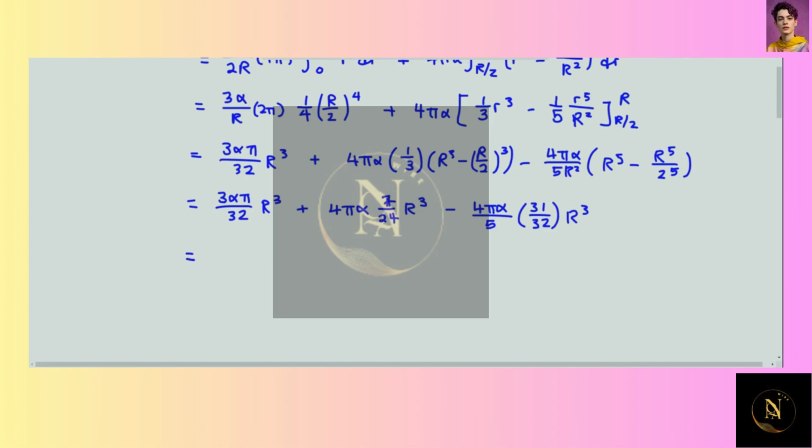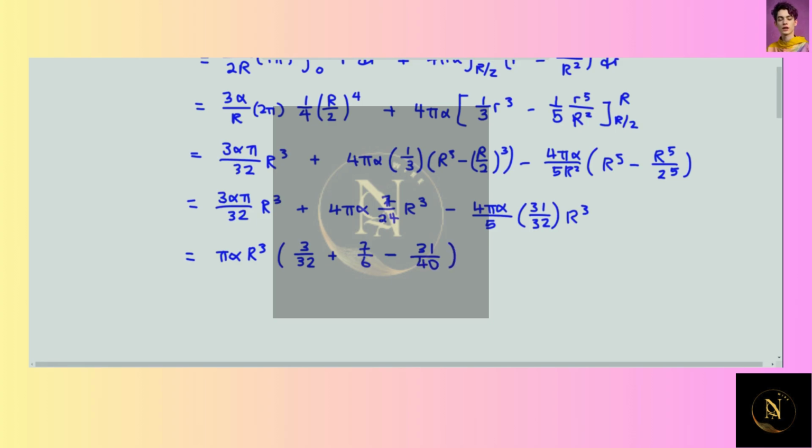Because pi, alpha and R cubed are constants, you can pull them out. So you have 3 over 32 plus 7 over 6 minus 31 divided by 40.